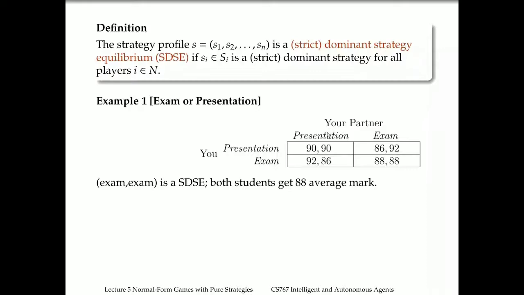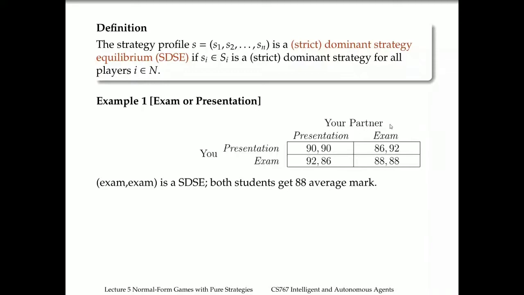If your partner chooses presentation, you only need to look at the first column, and you only need to look at the first number in each entry, because the first number is the reward that you will get. Preparing for the exam, you get 92 overall, but preparing for the presentation, you only get 90. So obviously, you want to prepare for the exam.